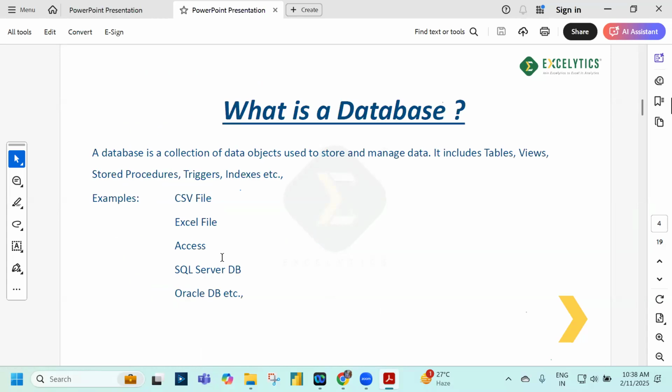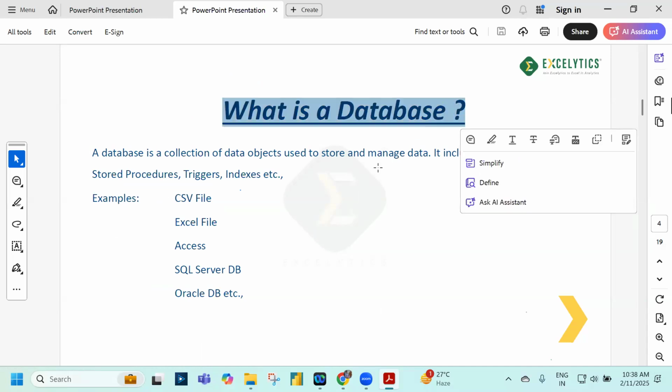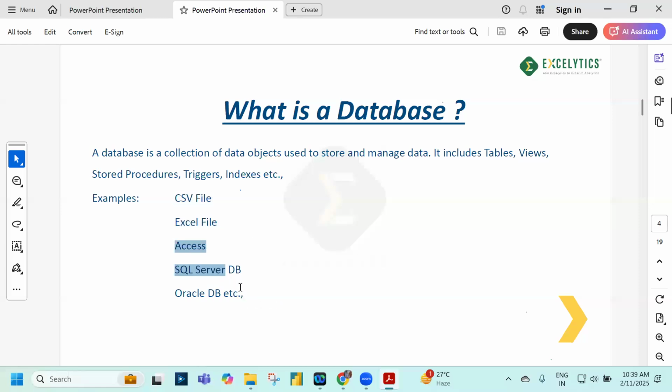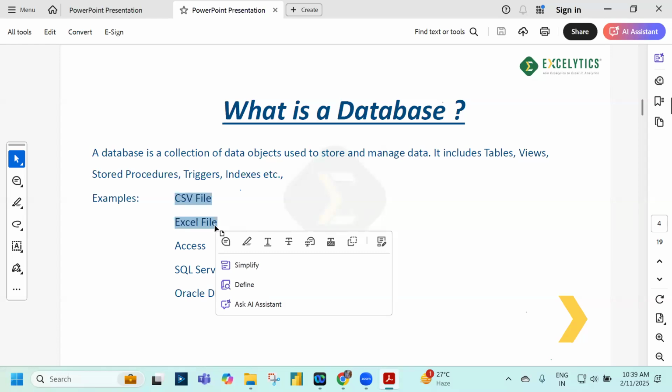Okay, so any collection of information is a database. A collection of data objects used to store and manage data, you can consider that as a database, and it includes tables, views, stored procedures, triggers, and all. But when it comes to a database here, there are a few files and a few databases. Usually we consider both of them as databases, but you need to understand there is something called RDBMS, a relational database management system.